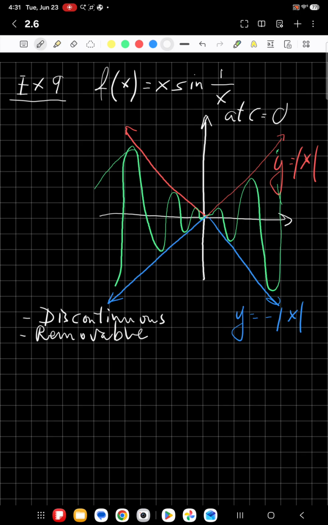Let me just mention the squeeze theorem. Maybe we'll look at it later. So the fact that it's removable: we need to basically show that the limit going from the left and going from the right is the same. So the fact that the function is removable is proved by the squeeze theorem.